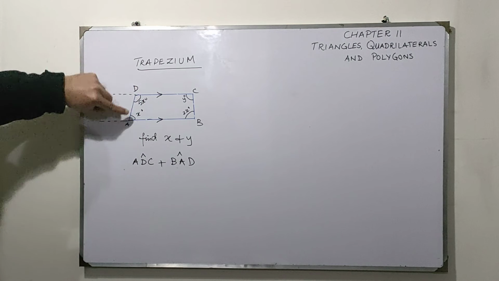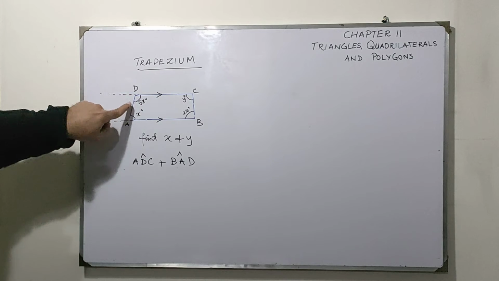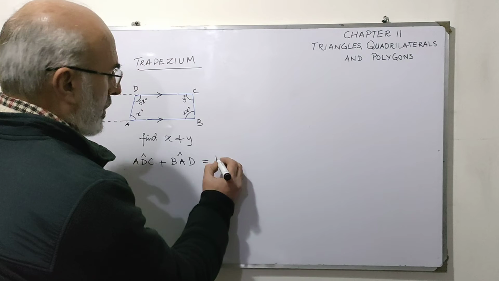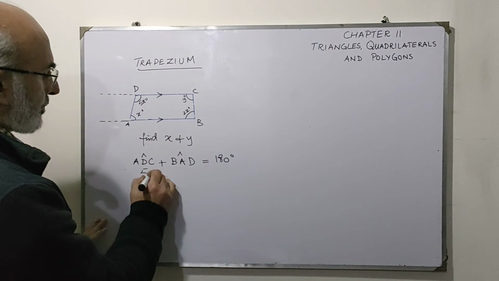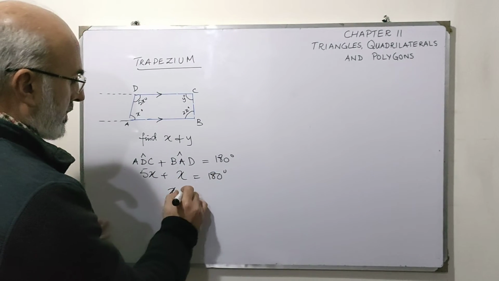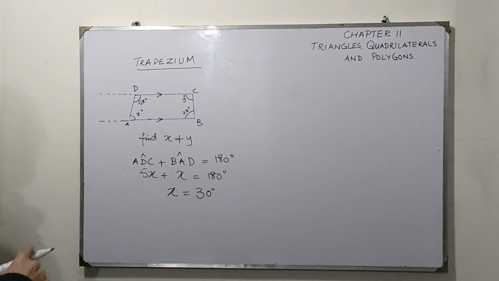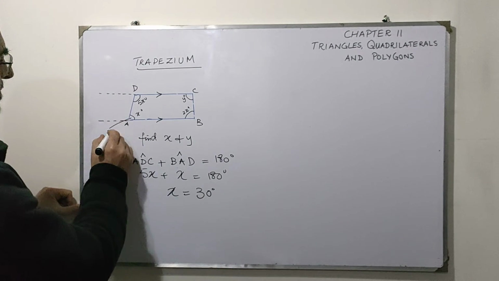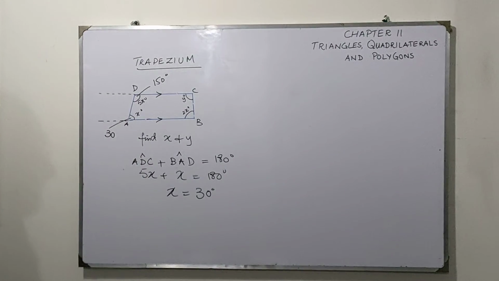So this angle is ADC and this angle is BAD. Okay, and the sum of these angles is equal to 180 degrees. This is 5x plus x is equal to 180 degrees. So x is equal to 30 degrees. Sorry, it means that this is 30 and this is 150. So we have the value of x.